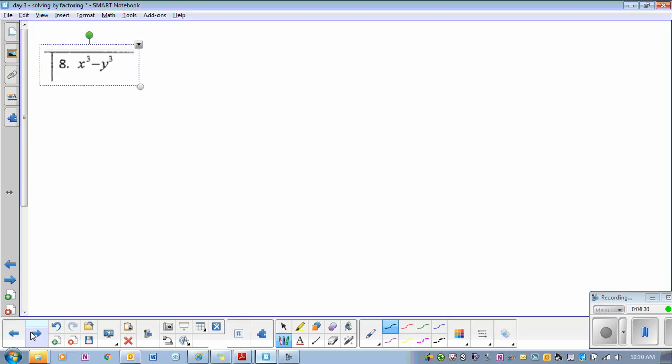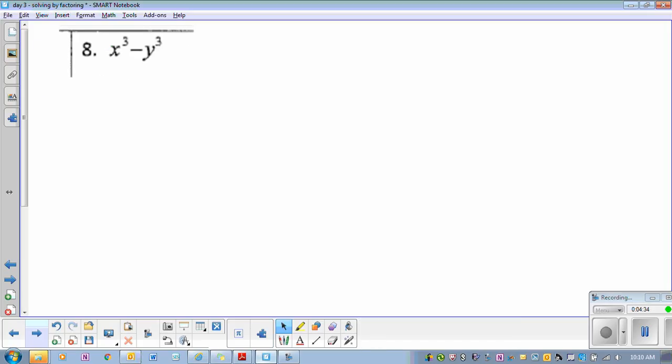All right, next one. X cubed minus y cubed. So I see the pattern here. You guys are having trouble with soap? Is that what it is? This is soap because it's x to the third, right? And y to the third. Cube root of x cubed is x. Cube root of y cubed is y.